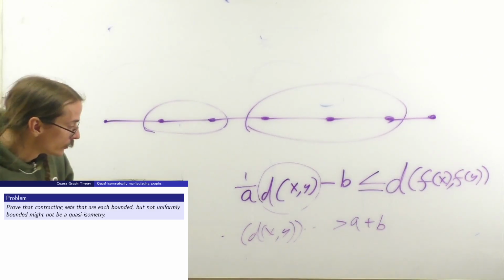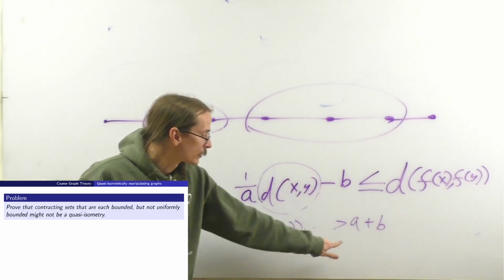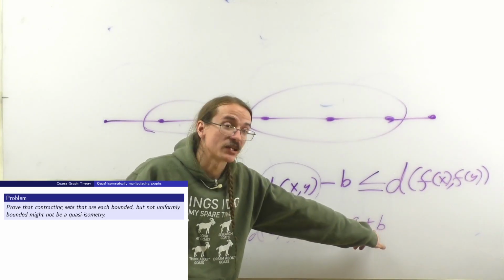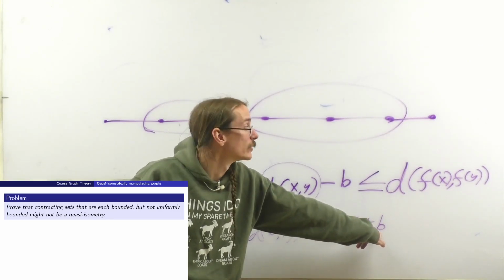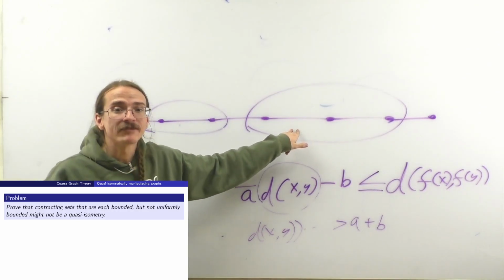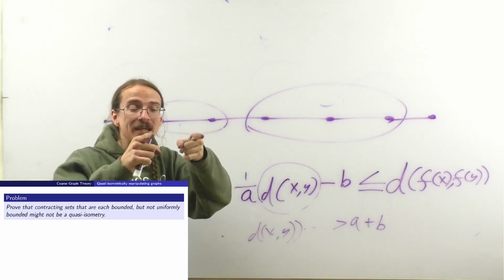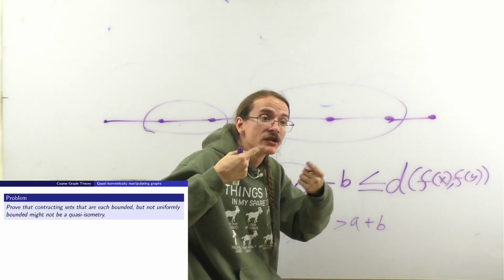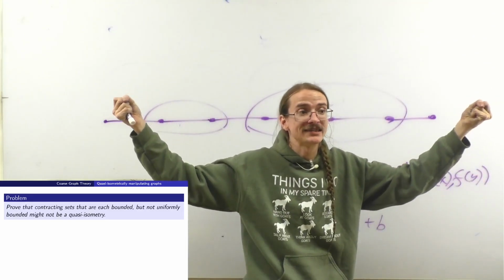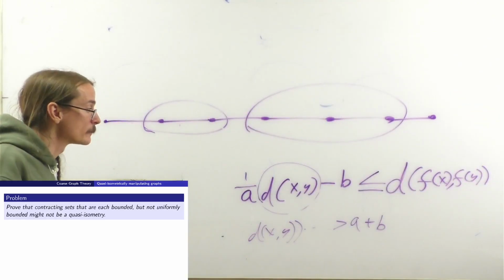Okay, so now proving that we break this, a and b are constant definite numbers. A plus b is a constant definite number. These sets are not uniformly bounded, so I can find one with diameter more than a plus b. Pick that set. The diameter is more than a plus b. That means there's a point x and a point y inside of it whose distance is more than a plus b.